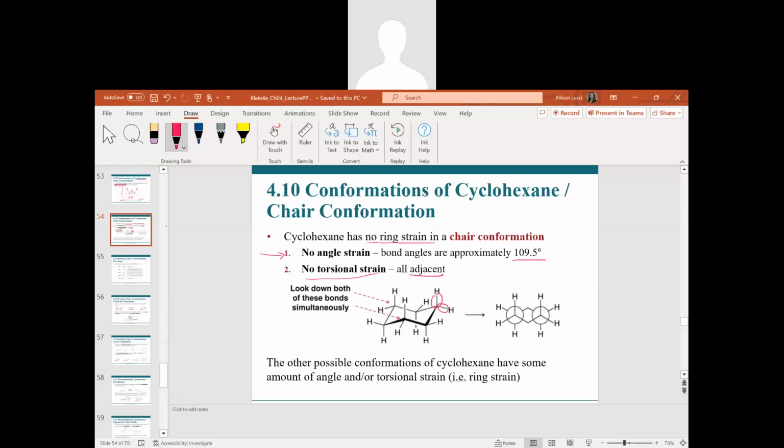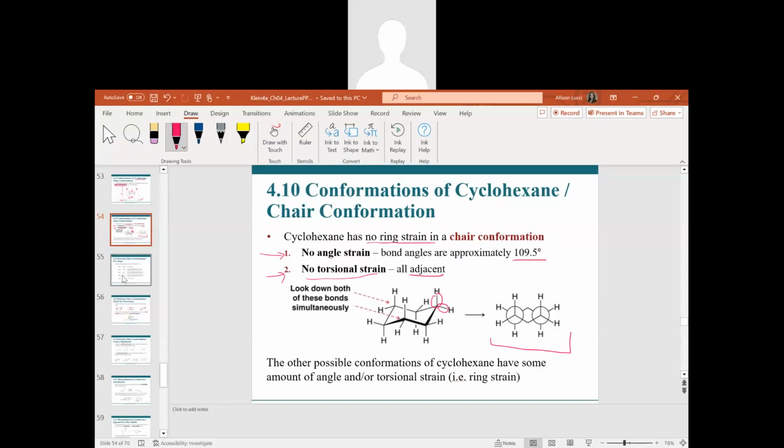And we see that along the whole molecule, all of these hydrogens will be adjacent to another. So there's no torsional strain for that reason. Because of this, this cyclohexane chair conformation, and we can see with the Newman projection here more clearly, doesn't have that ring strain that the other conformations have in varying amounts.